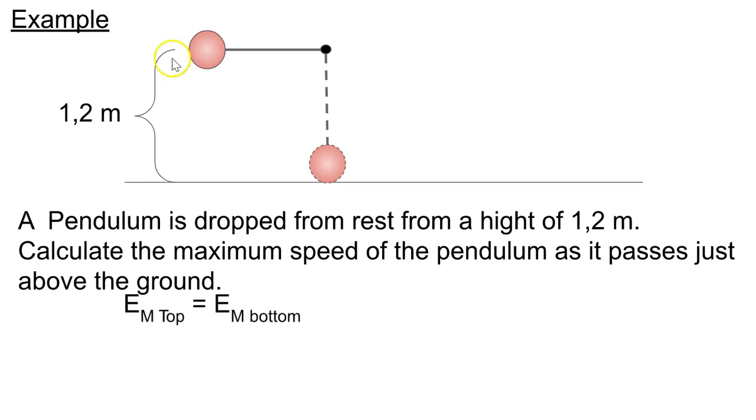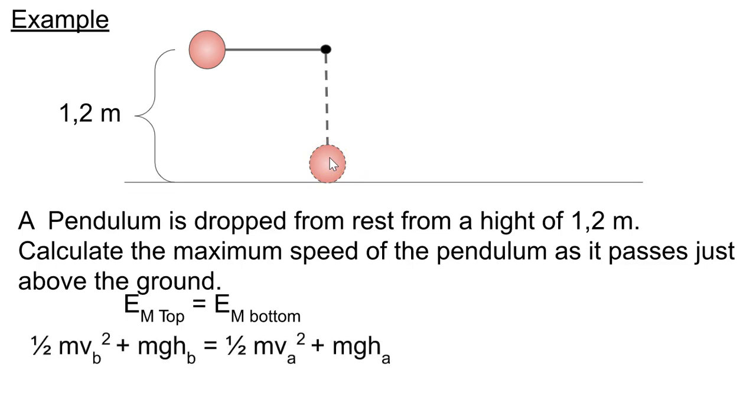So I'm going to say the mechanical energy at the top, that is the mechanical energy for this pendulum right here, which is equal to the kinetic energy of the pendulum plus the potential energy right here, is going to be equal to the mechanical energy at the bottom, which is the kinetic energy at the bottom plus the potential energy at the bottom.